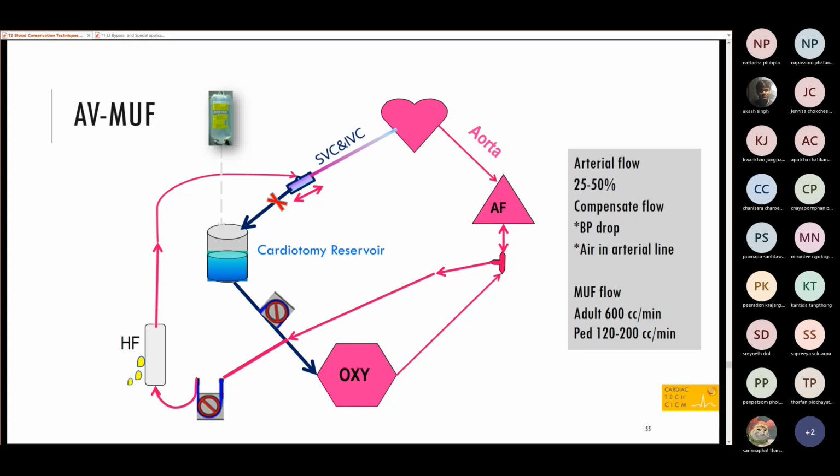However, during this time, we need to preserve the blood flow by still adjusting the arterial flow to compensate, to avoid a blood pressure drop and air in the arterial line. So the MUF flow can be adjusted accordingly.